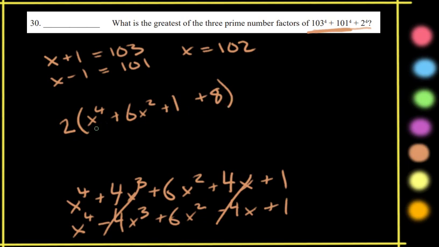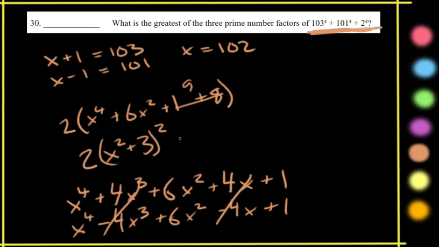And now what we have inside is x to the 4th plus 6x squared plus 9, right? You can factor that as x squared plus 3 quantity squared, times, we still have our 2 out here. So this whole thing is equal to this when x is equal to 102.